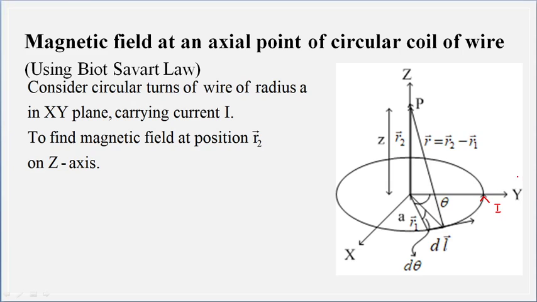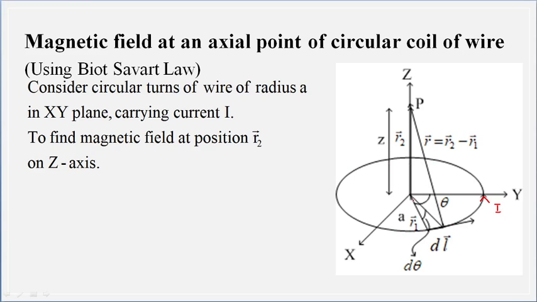Okay, I'll continue. So now there is a current. This is only a representation. In this diagram, we have drawn this loop, or this coil, in the xy plane.